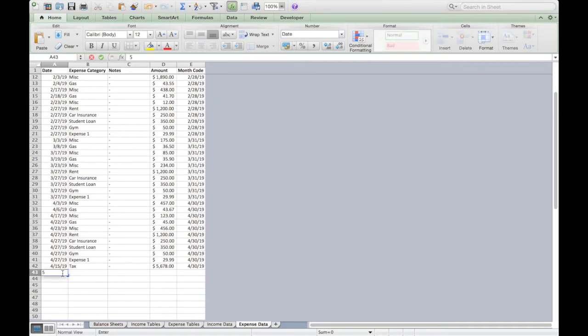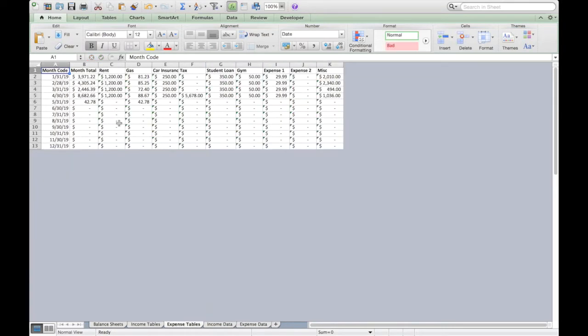I bought gas on 5/17/2019. I go to gas. The guy usually pays 45 in gas, so we'll have him pay 42.78 in this gas. Now go to expense tables.